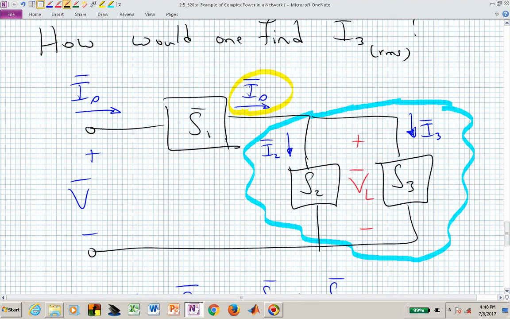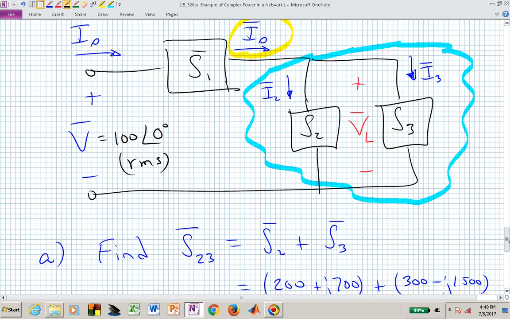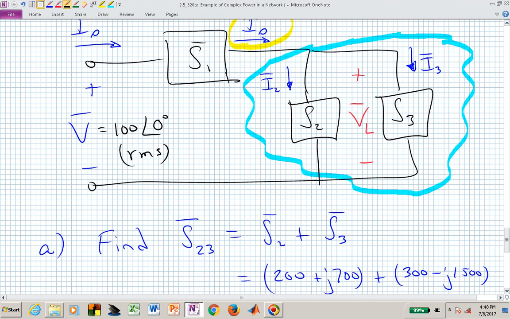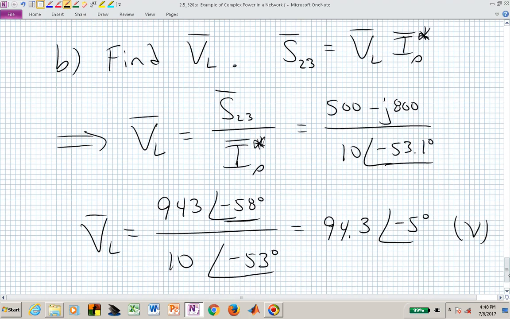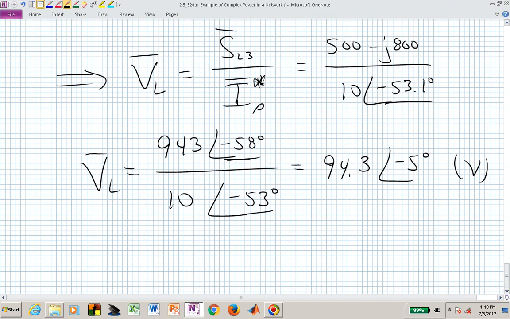We had 100 over here. And it makes sense. We've dropped some voltage across load 1 before we get to the two loads in parallel, which then have a voltage drop of V sub L, which is now 94.3 at an angle of minus 5 degrees.